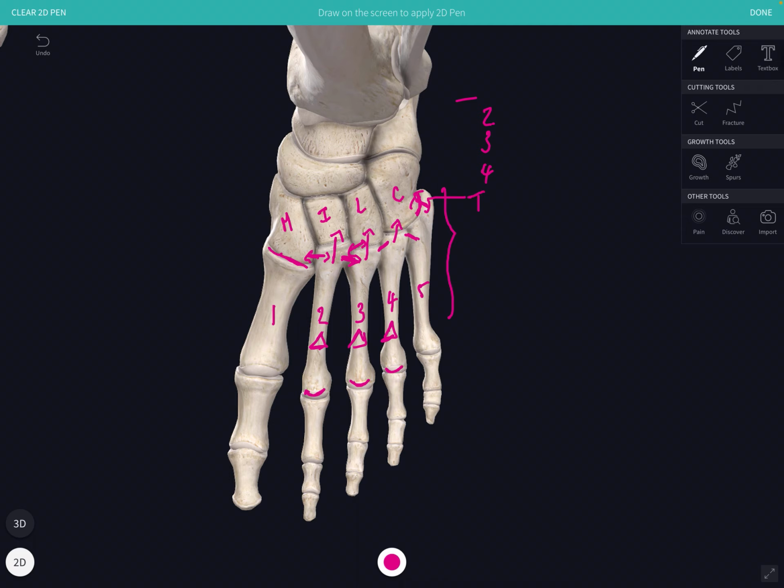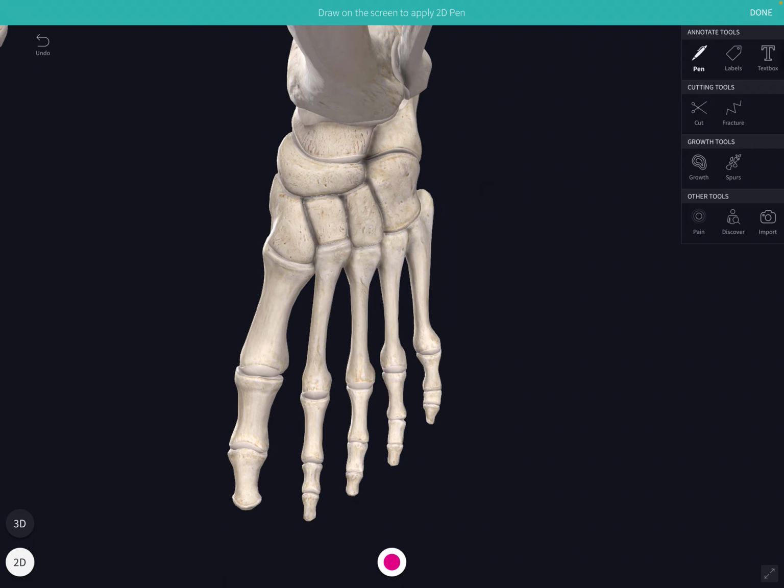So there's the tubercle of the base of the fifth metatarsal. The shaft and the head of the fifth metatarsal bone are similar to those of the second, third, and fourth metatarsal bones.